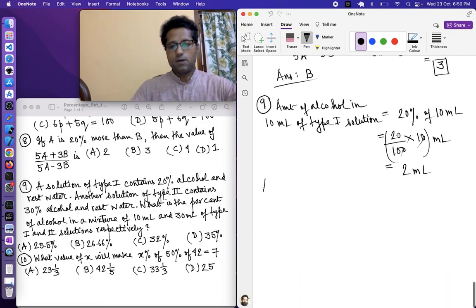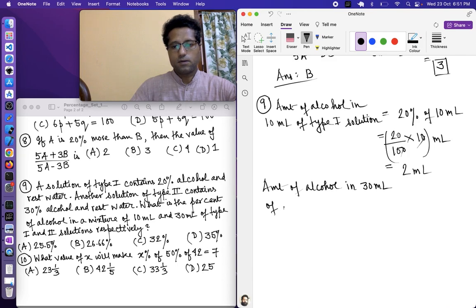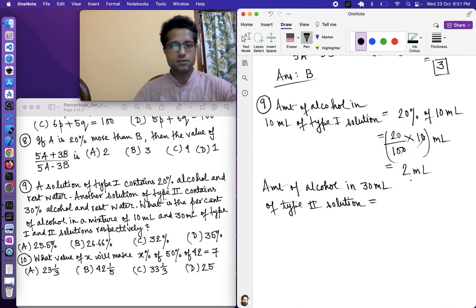Similarly, the amount of alcohol in 30 ml of type 2 solution will be equal to, since type 2 solution contains 30% alcohol, 30% of 30 ml.